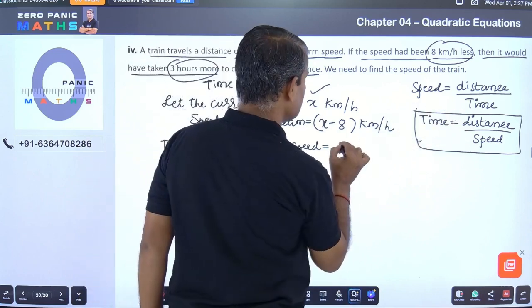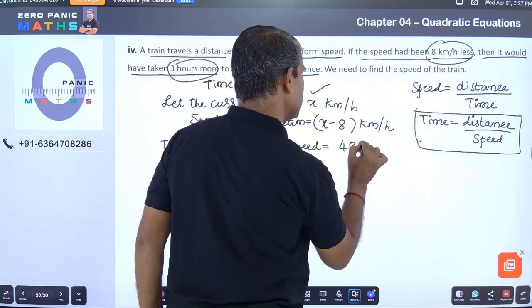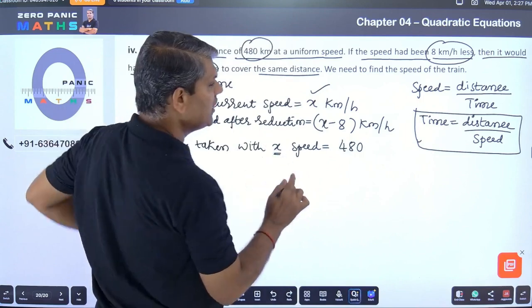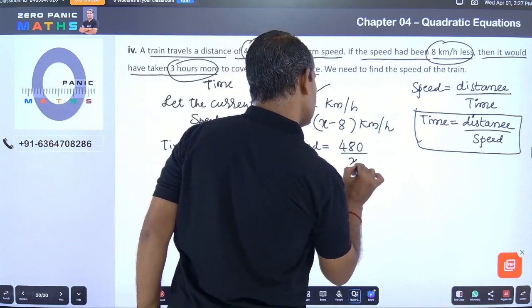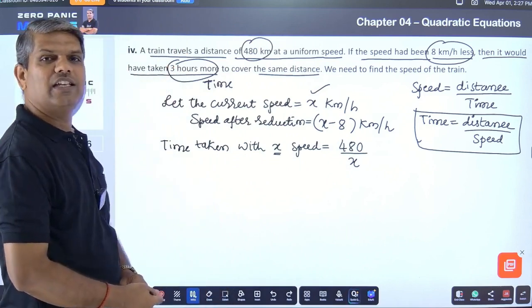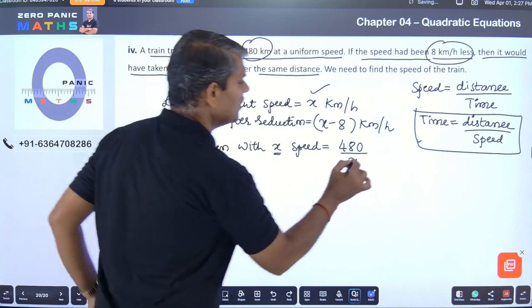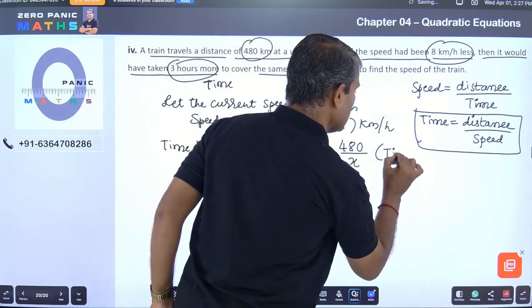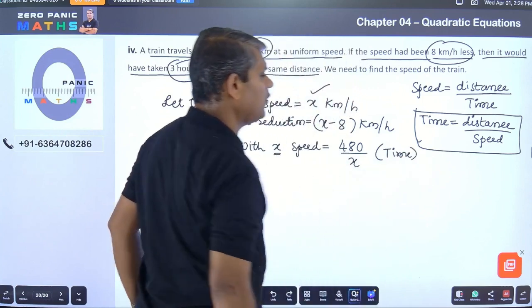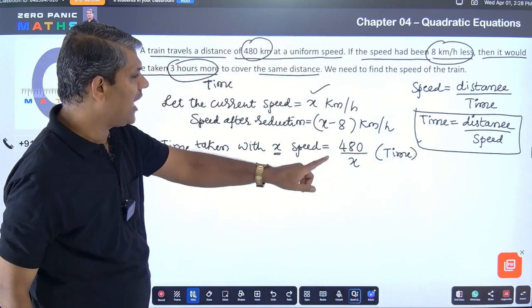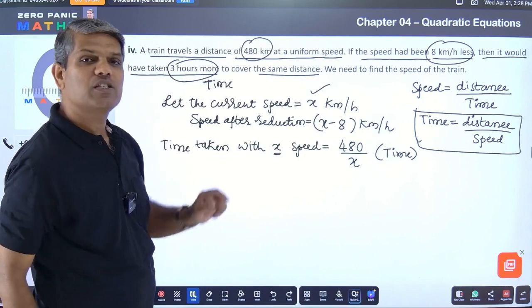What is the distance? Distance is 480 only. They have given it here, 480 distance. And what is the speed? It is x. So 480 by x is the time. Carefully, this is the time, distance divided by speed.